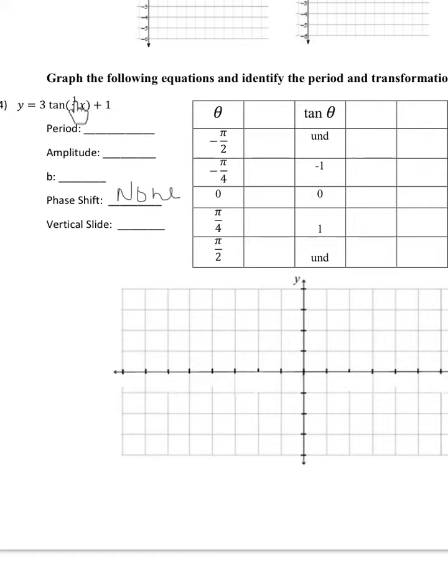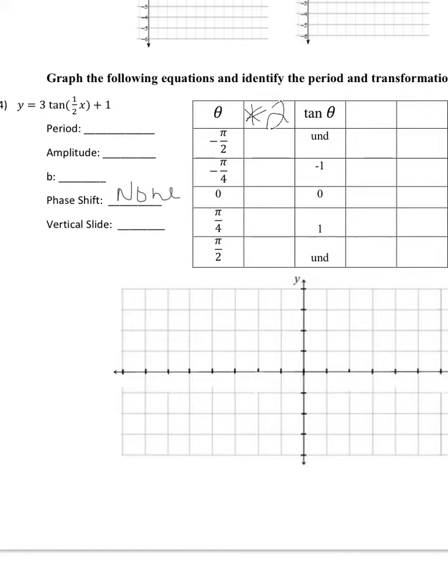This 1/2 right here means that we are going to cut our wave in half, what actually ends up happening is this actually ends up doubling. So we have to multiply by the reciprocal. So what we're going to do over here on the table is we're going to multiply by 2.